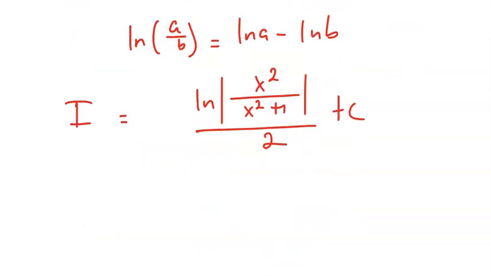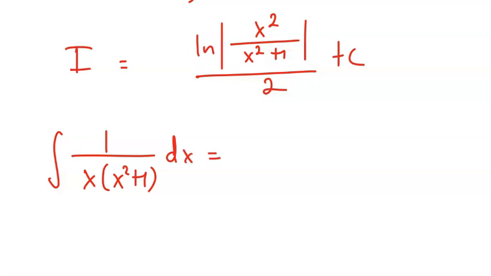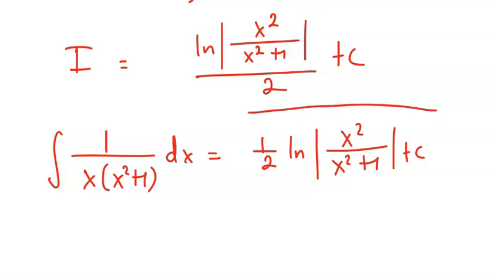So now we can say that the integral of 1 over x times (x squared plus 1) dx is equal to 1 over 2 times the natural log of x squared divided by x squared plus 1, plus c. So this here is our solution.